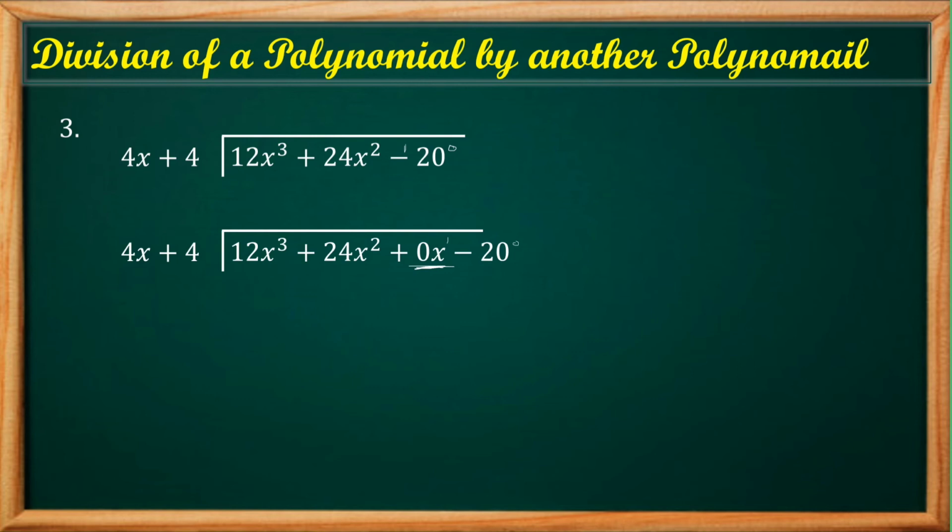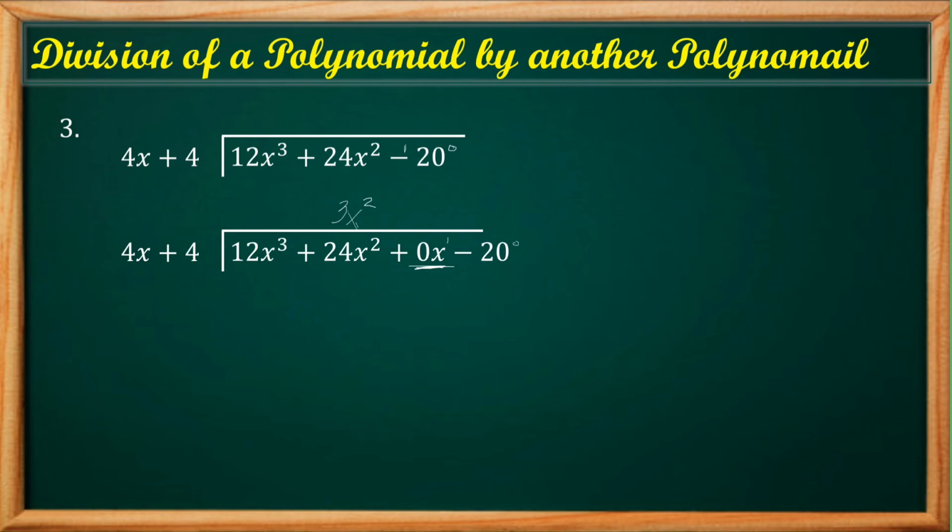Okay, then our first term, yan, 12x cubed divided by the first term of the divisor is 4x. 12 divided by 4 is 3. Sulat natin yan. X cubed divided by x is x squared. Kita. Ayan.